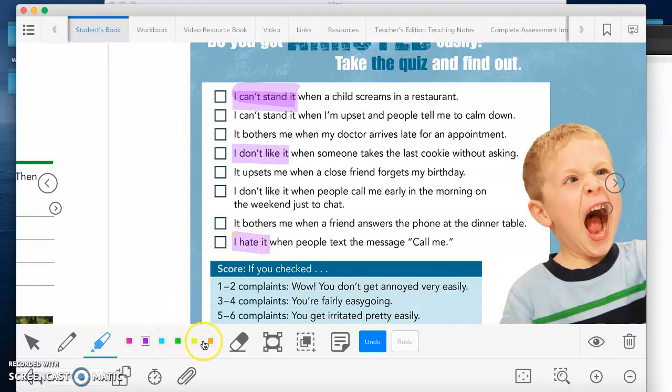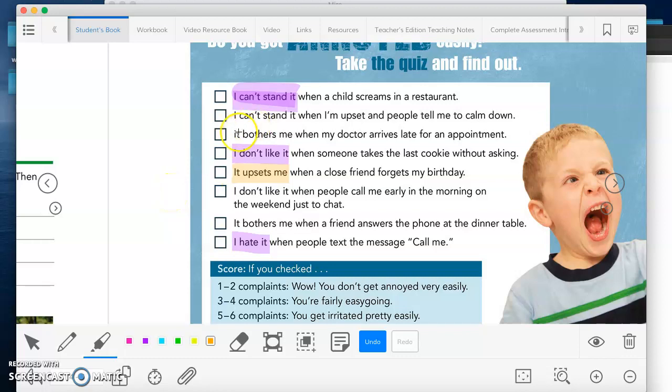Do you see any other clause in here that starts with it? I don't like it. That ends with it. It upsets me. Exactly. So we will be saying, for example, it upsets me. What else?